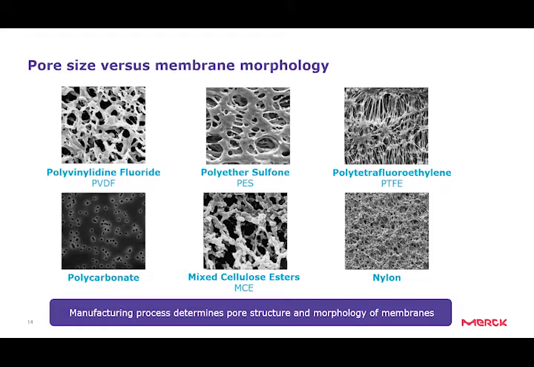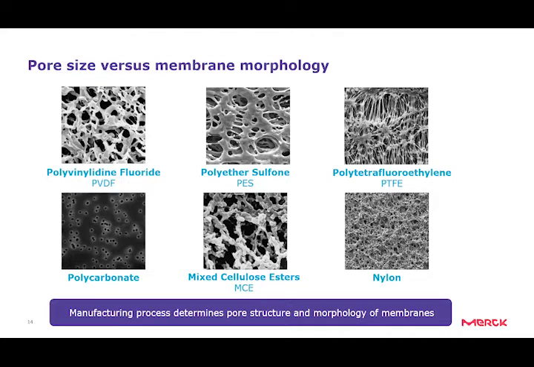That is because PTFE membrane starts off as a PTFE tape, which is heated and expanded under pressure and pulled in a certain direction. If you look at the bottom left corner SEM image, a polycarbonate membrane actually has pores which are completely cylindrical, and they go through the membrane in a cylindrical fashion.